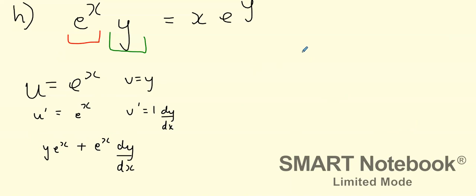Please let me know. So now if we look at the right hand side, u equals x and v equals e to the y. u dash is 1. Can you please tell me what is the differential of e to the y? What is the differential of e to the y going to become?